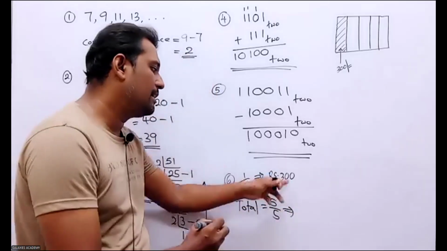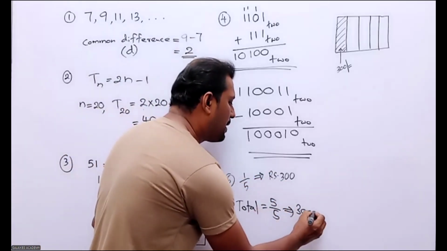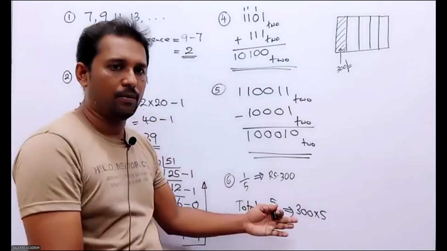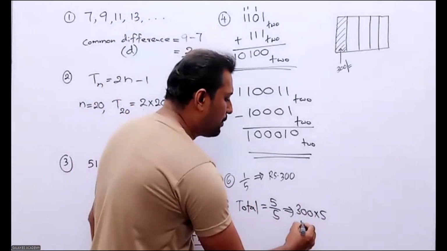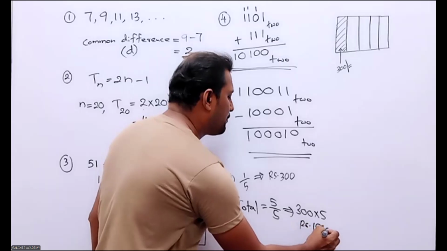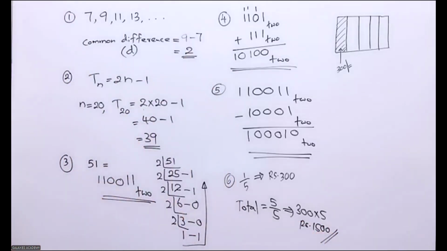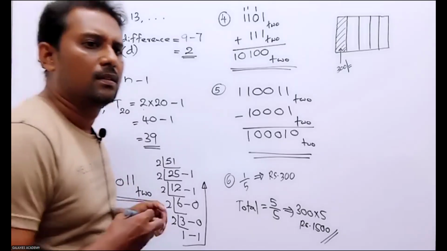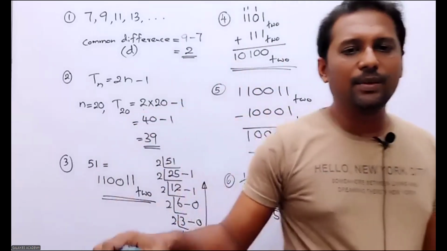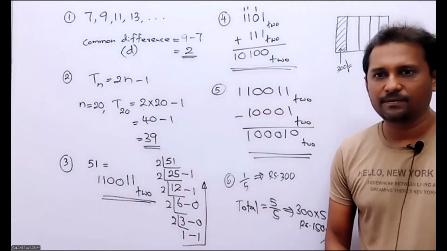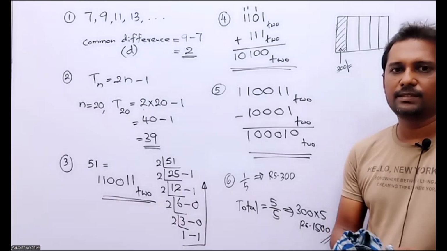If one part is 300, for the value of 5 parts you have to multiply by 5. Then 300 multiplied by 5, what is the answer? 1500. Right? So the sixth question answer is 1500 rupees. Did you get the correct answer? Yes, sir. Right.